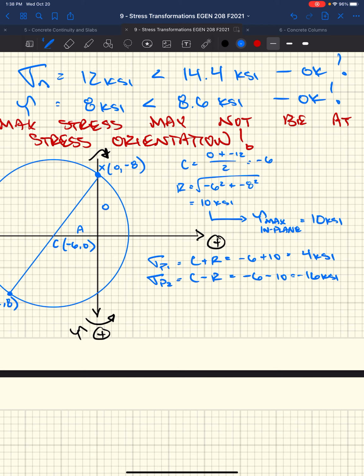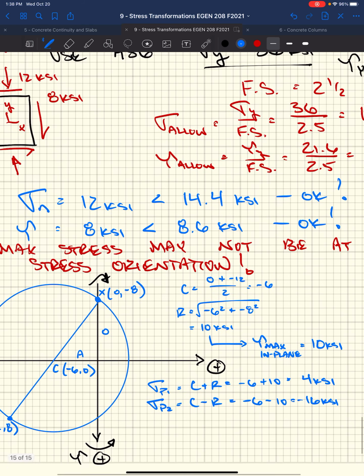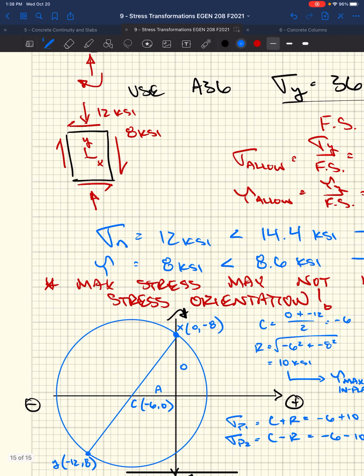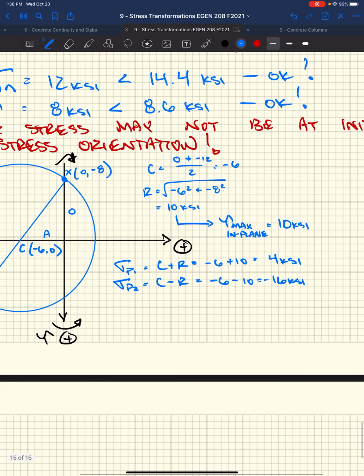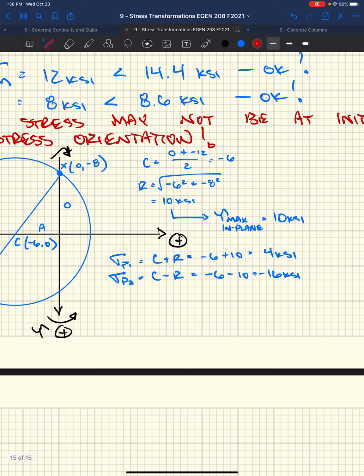If you were to analyze this drill stem or this propeller and relate its computed stresses, right, based on the stress state, and you would have come up with the shaft being okay, it would have been wrong, right? Now if we look at this, the actual maximum stresses in this thing, sigma P2 is actually greater than our allowable stress.